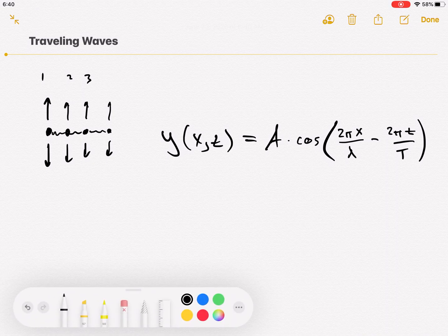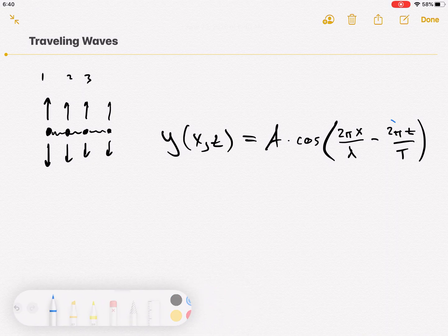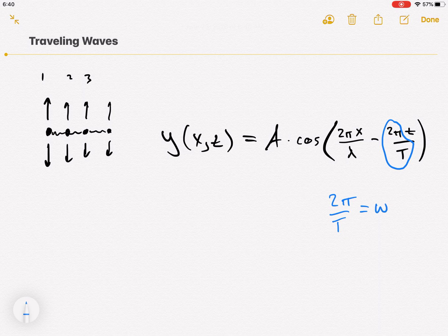All right, and I want to remind you, 2 pi over T, that's the same as omega, right? So you could have written this as omega t. And this 2 pi over lambda, we also define another variable, k.